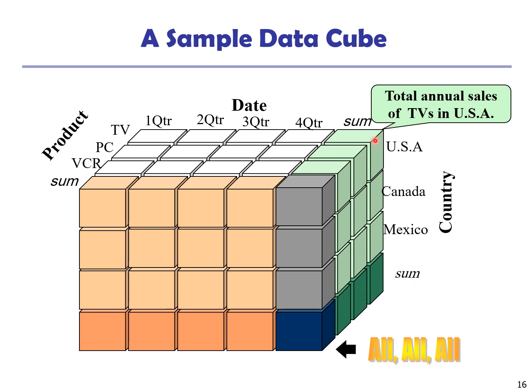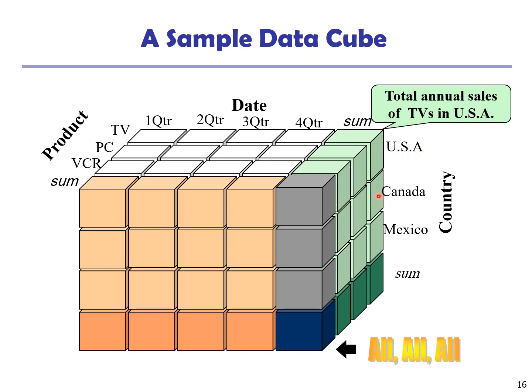Now, this here represents the total annual sales of TV in the US. Why do we say it's annual? Because it aggregates the sales of the four quarters. So this is the summary of the annual sales of TVs in the US.